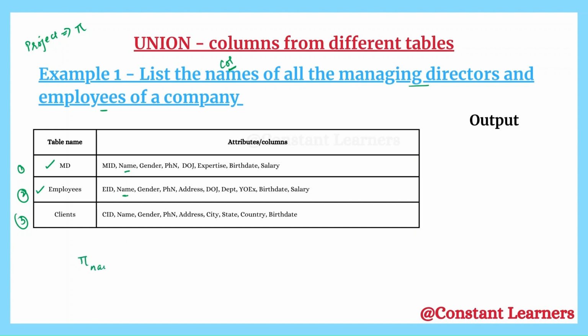The name column. All right. Now, first, whose names do we need? We need the names of the managing directors. So here the name column is capital, so we are also going to write it capital Name and the table's name is MD. And we're going to union this with the names of, again, pi, because we need the name column of all the employees.